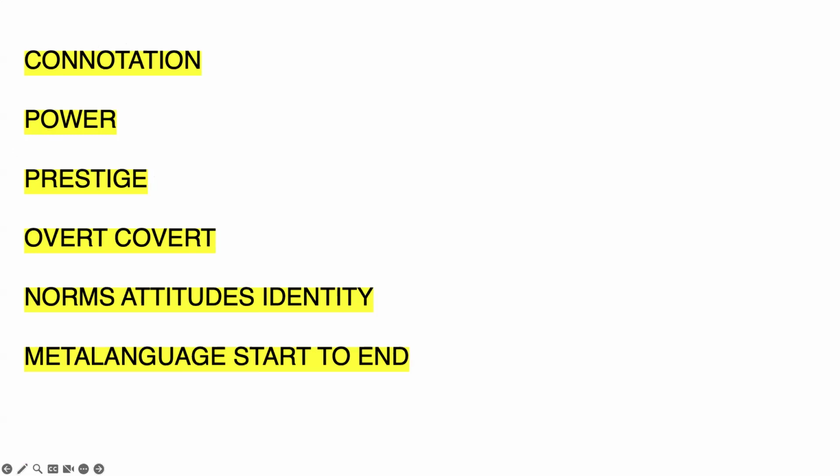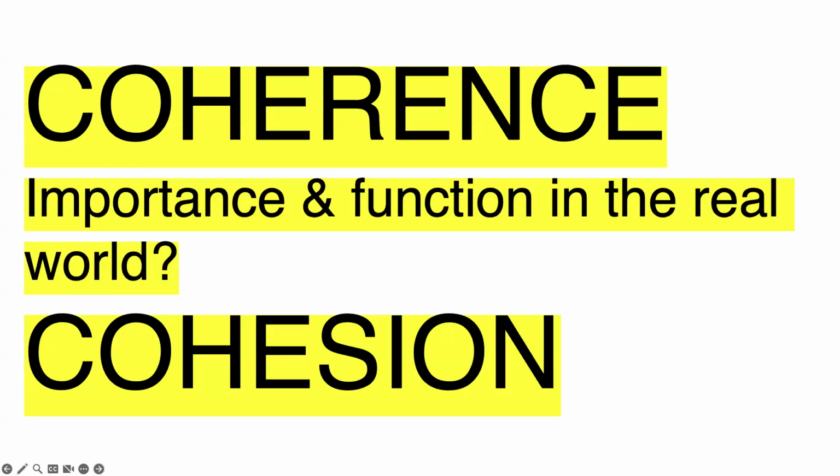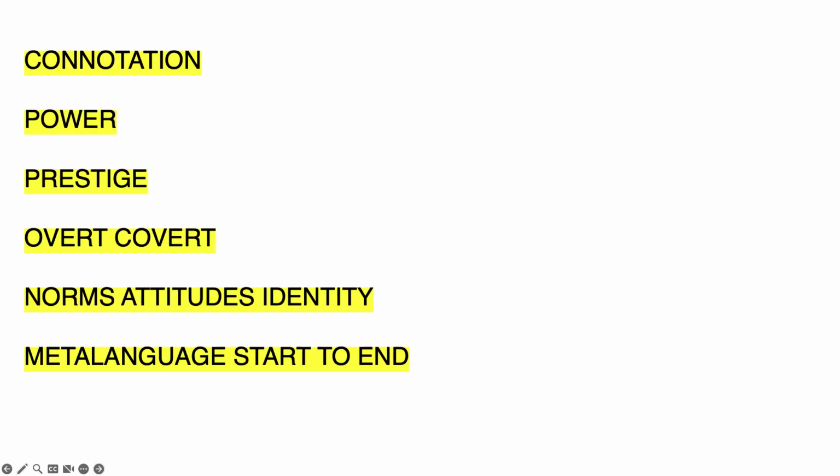And norms, attitudes, and identities, which we discussed yesterday, just making sure that you guys know what they are and all the meta language that we've gone through. These are things that are imperative for scoring above Raw 45, right? You need a deep understanding of all these terms, and you need to remember to talk about as much of these terms as possible at least once, ideally once, across your AC on the exam.